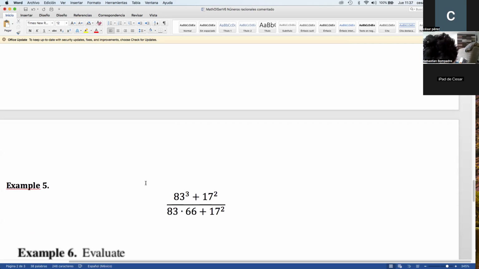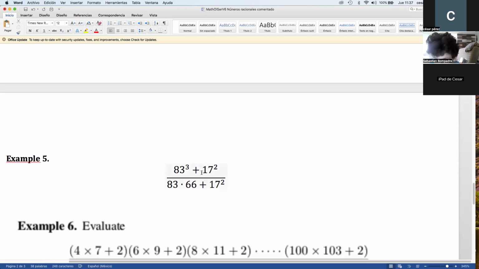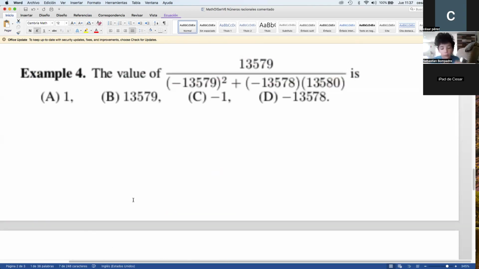Okay, I'm going to correct this one. We need here, and this must be squared. No, this will be a 3 with the power of 3. Okay, let's get back to this one.